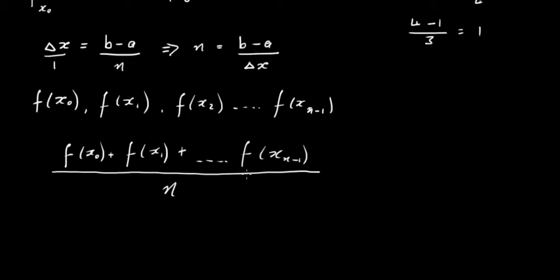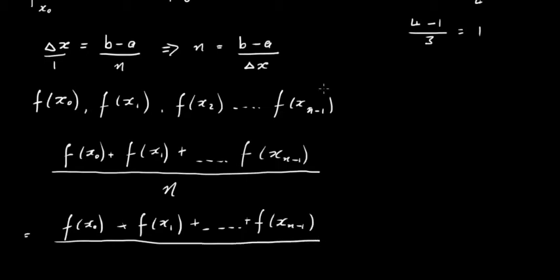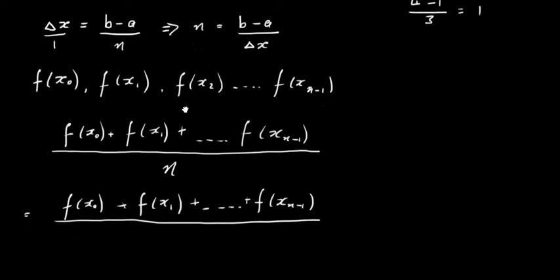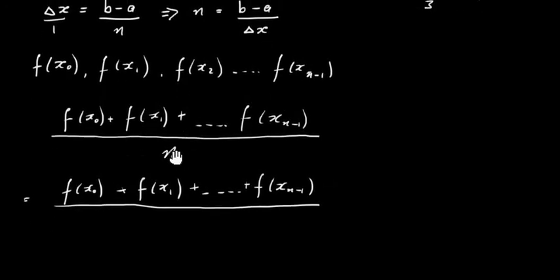This is the average value for all of these individual y values. Remember, up here we had n is equal to b minus a over delta x. So instead of this n here, I'm going to put in b minus a over delta x.